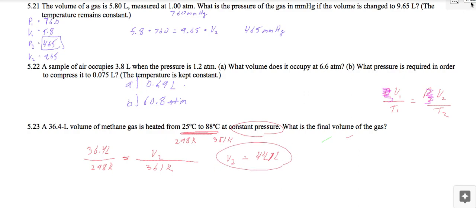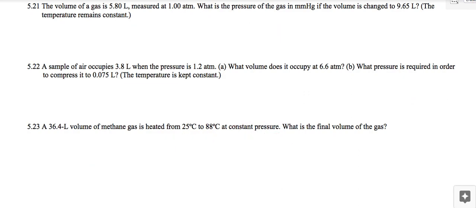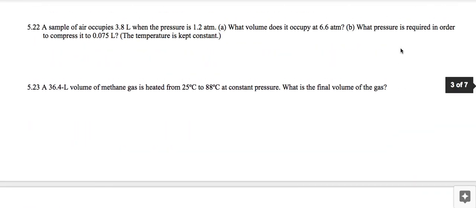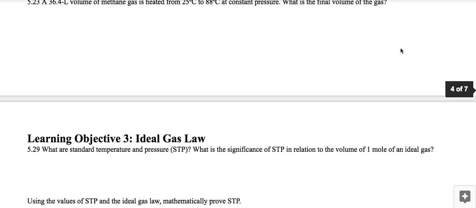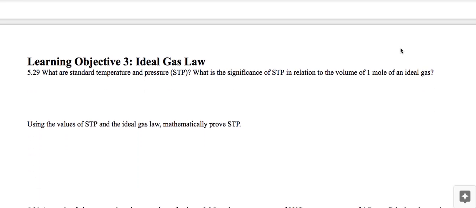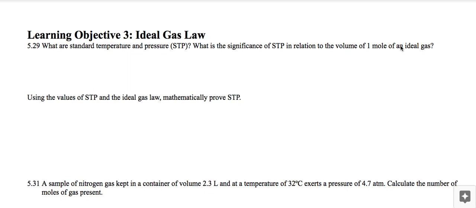All right. If you would like more practice on those gas laws, including some more on, say, the other law we're going to look at, Gay-Lussac's, and the combined gas law, I can provide those for you.